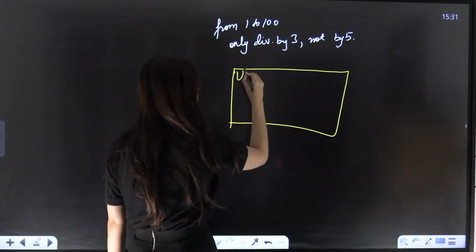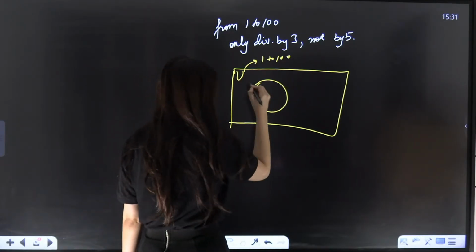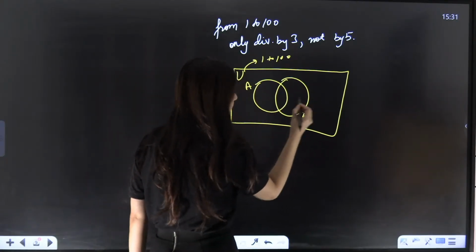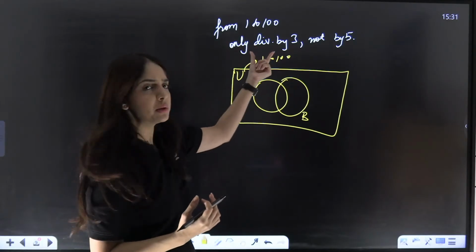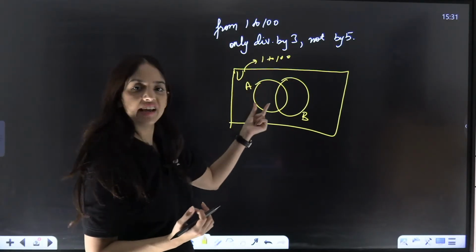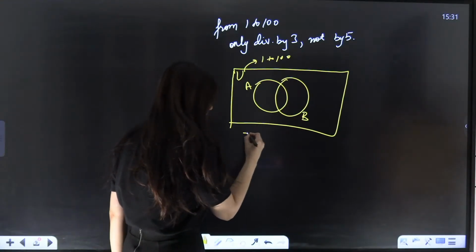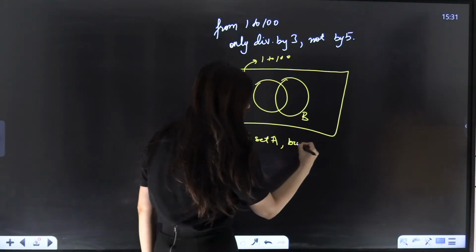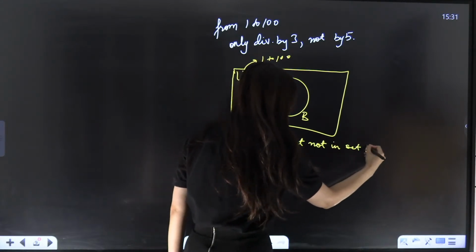This is U, still 1 to 100, this is A multiples of 3, B multiples of 5. Now what area are we talking about? Divisible by 3 but not by 5. That means in set A but not in set B.